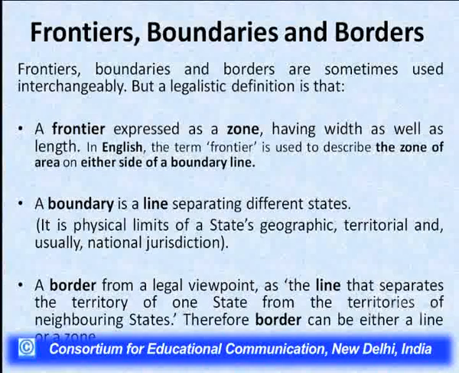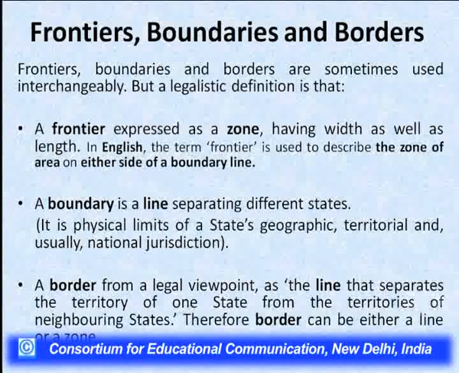These three important terminologies are sometimes used interchangeably, but there is a difference between their meanings. As we can see, a frontier is expressed in terms of a zone which has width as well as length.